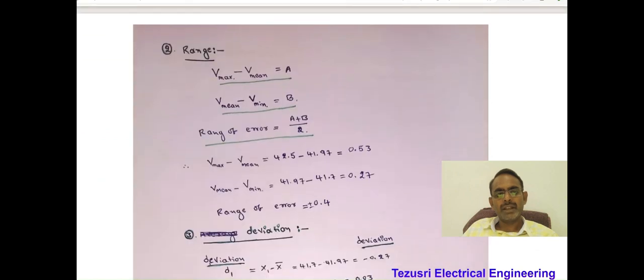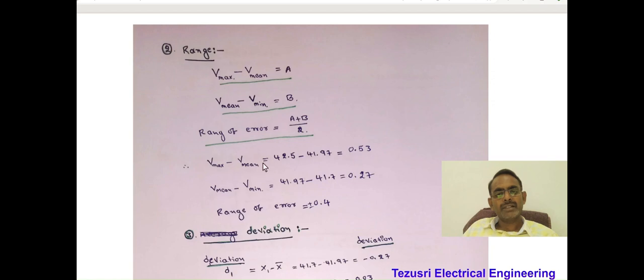Next, the important range. We have to take V max minus V mean equal to A, V mean minus V minimum equal to B. Then the range of error equals plus or minus (A plus B) by 2.